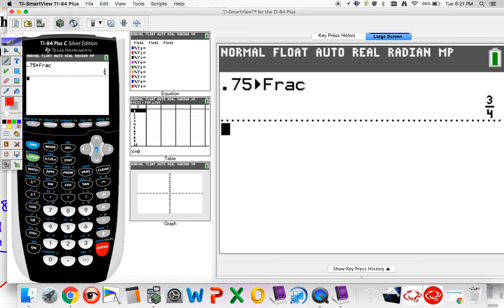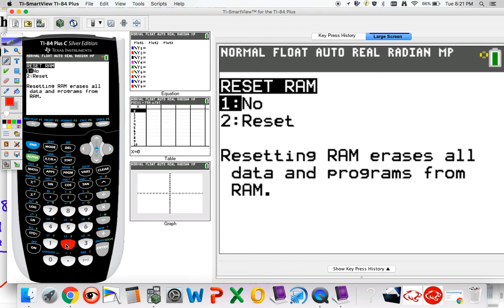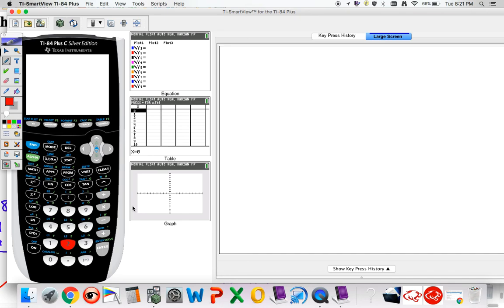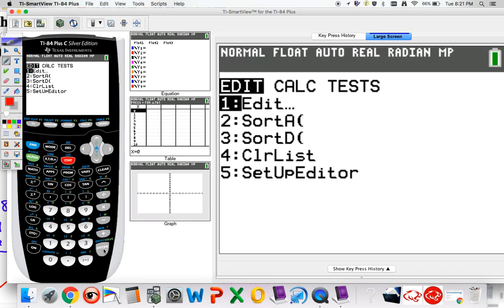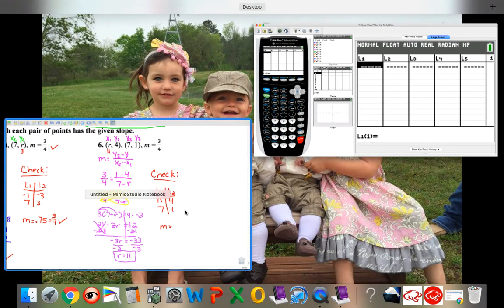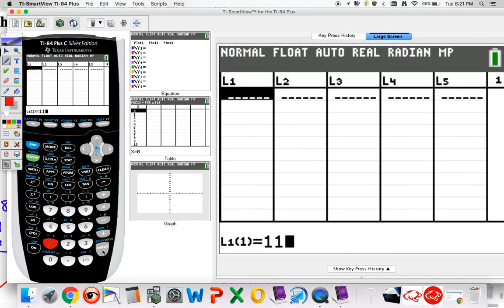So calculator, second plus 7, 1, 2. Clear that off. So I have stat, edit. In my L1, I have 11 and 7.